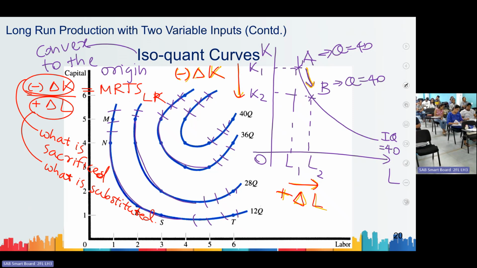The sacrificed amount is the decreased K. The substituted amount is the increased L. So we can measure the marginal rate of technical substitution of labor for capital by dividing the change in K, which is negative, by the change in L, which is positive. A negative value divided by a positive value will always take a negative value.